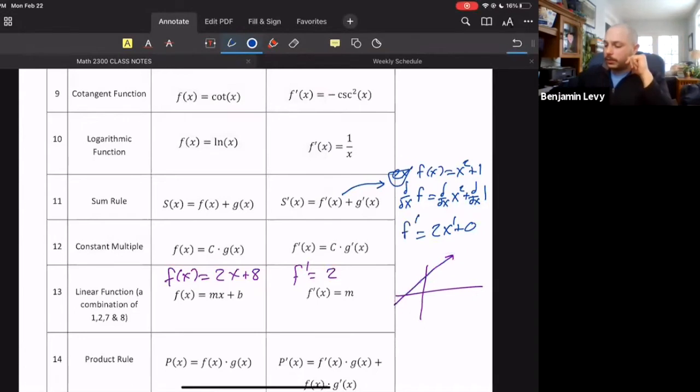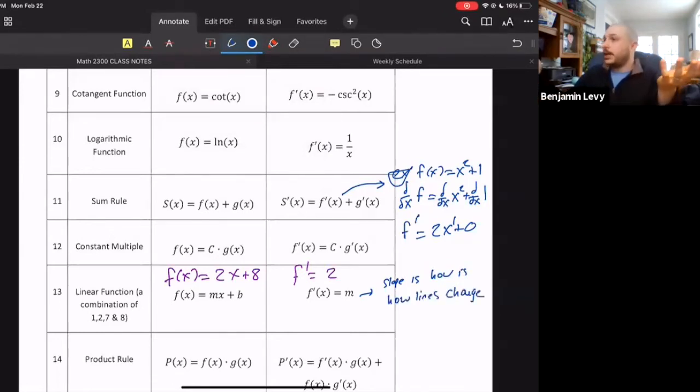And so a way to think about that is the slope is how the line is changing. It tells you how the line is changing, and it's always changing in that same way because it's just straight, right? But the other thing I was going to point out is this is an application of a couple different rules.